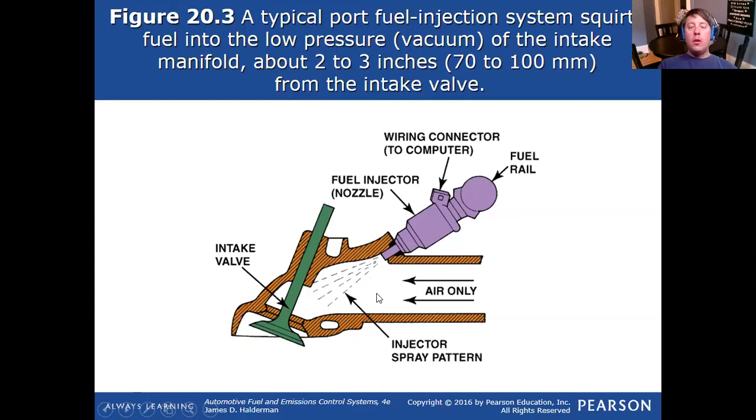At idle, with the throttle plate closed, there's 17 to 21 inches of vacuum. So I literally have a vacuum effect on the fuel injector, on the pintle side, the injector nozzle side. On the other side of the fuel injector, I have a fuel pump building 30, 40, 50, 60 psi, whatever it is, pushing fuel.